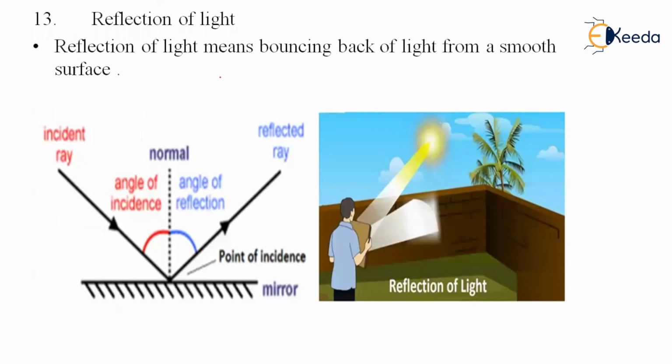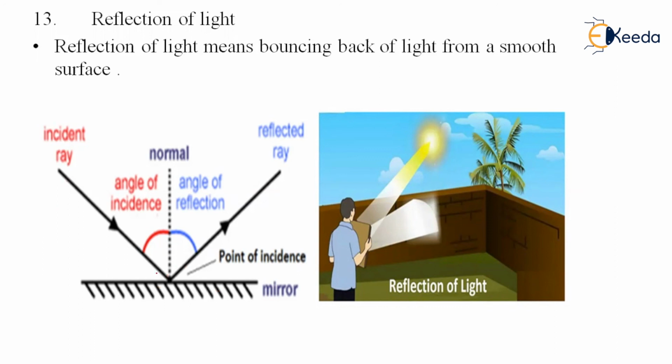Now, what is reflection of light? It is a very basic fundamental we have seen in our younger days. Reflection of light means bouncing back of the light from a smooth surface. This is the incident light coming here. See, it is a mirror or any reflecting surface. Here is the normal, which is perpendicular to the reflecting surface or the mirror.